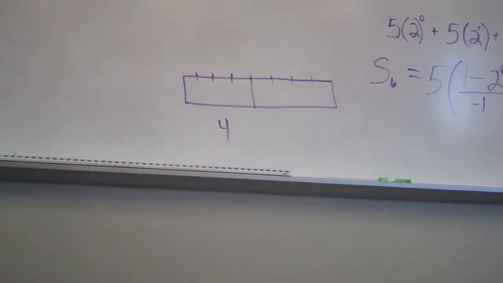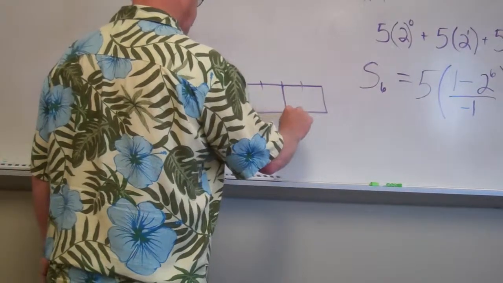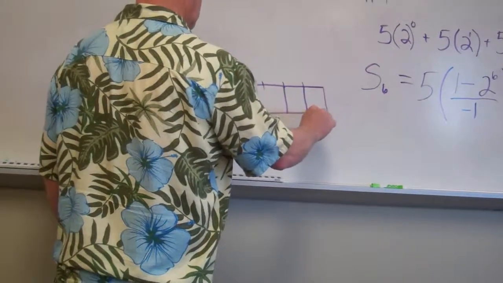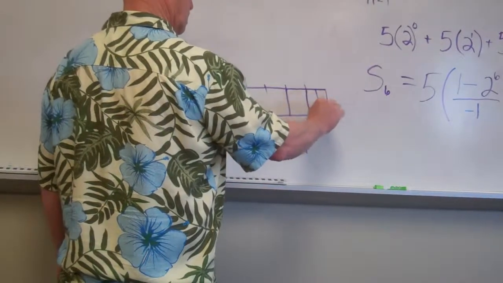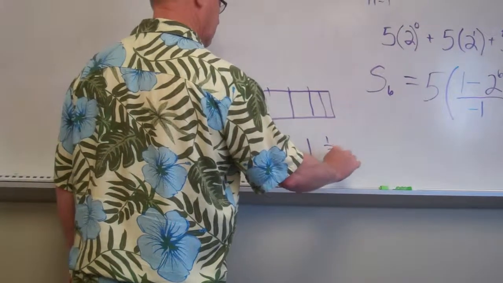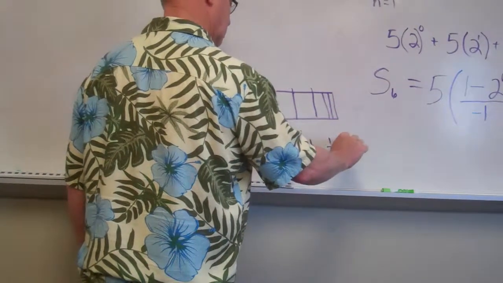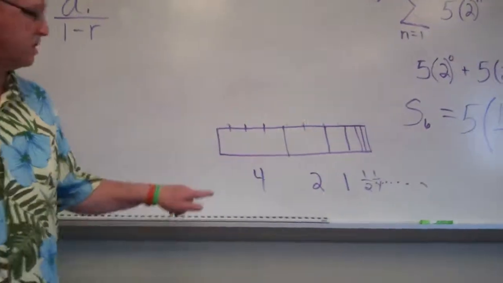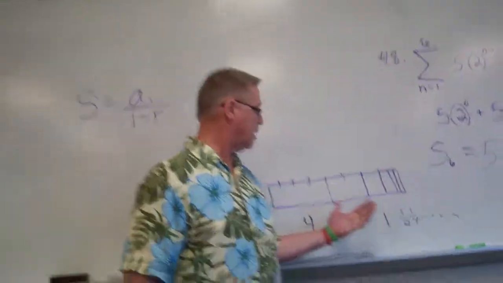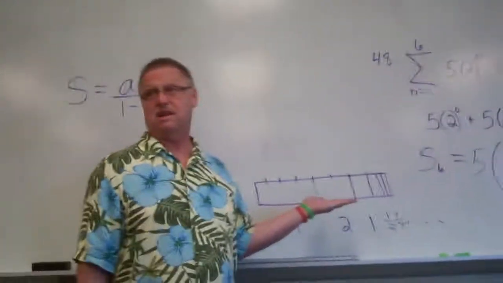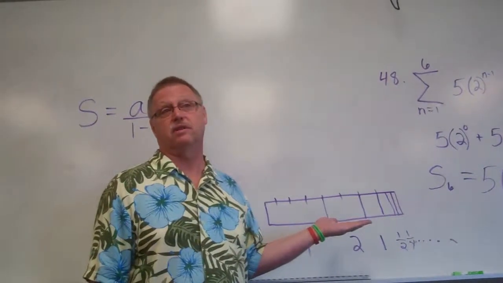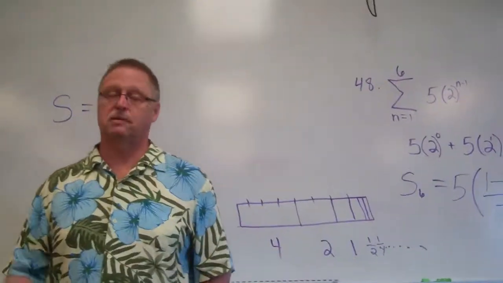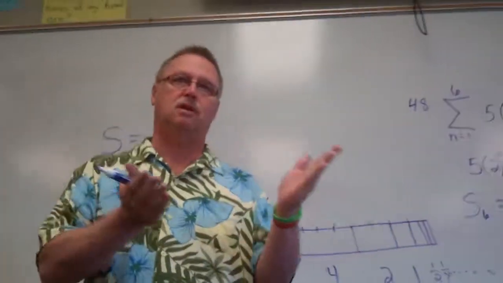Then if I chop half of what's left off, I've got 2. 1, a half, a fourth. I could do that forever, have a series of numbers that go forever, and they should add up to darn near 8. Actually, if you say infinite, meaning it goes forever, it's exactly 8. So that's what we're doing, adding up series that get smaller as you go.